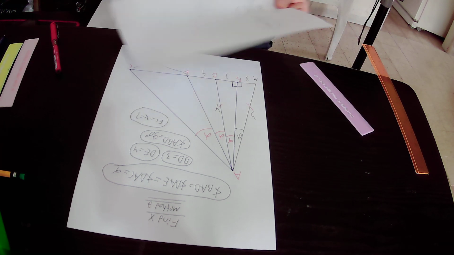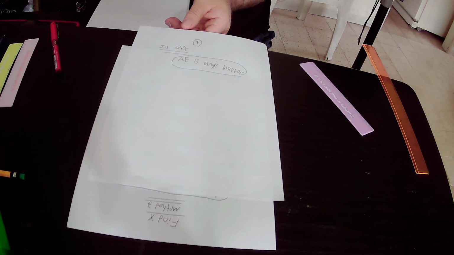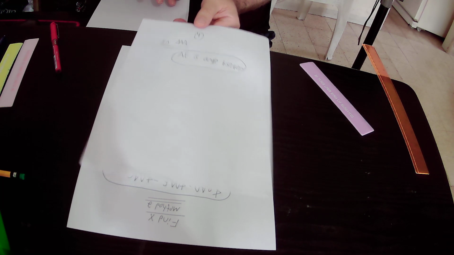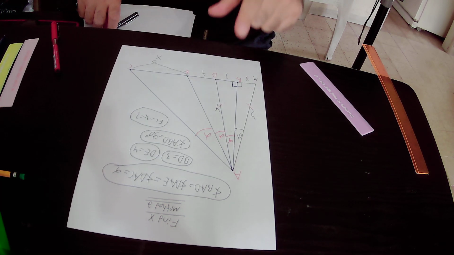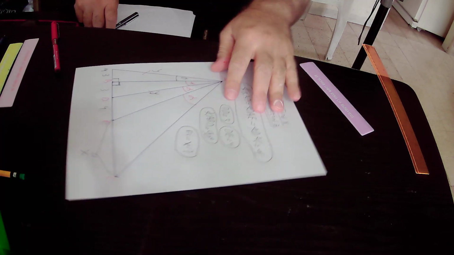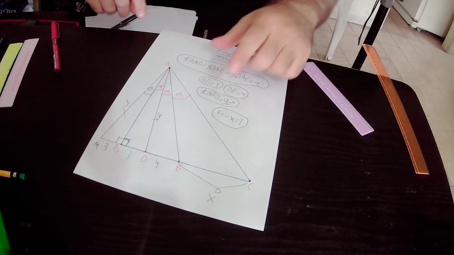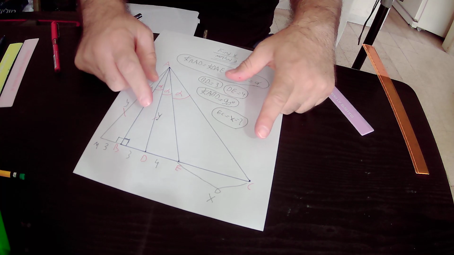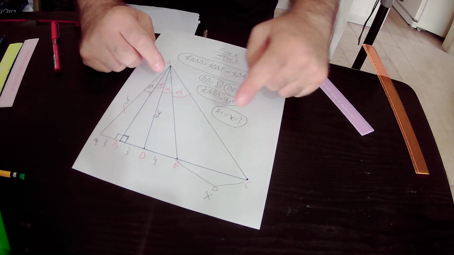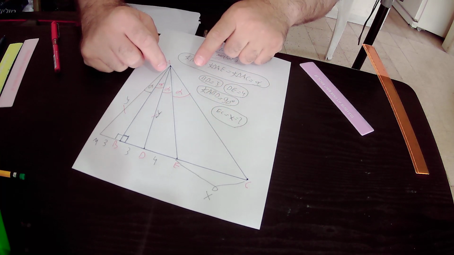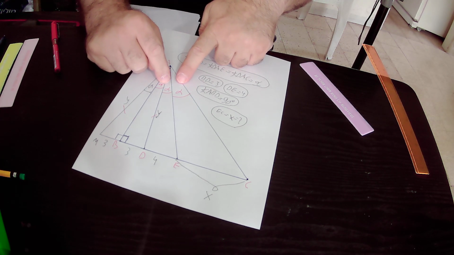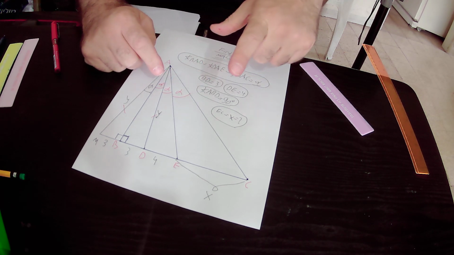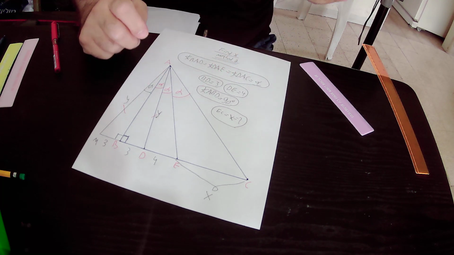So why is AE angle bisector on triangle ADC? Because AE divides angle DAC into two equal parts, alpha and alpha. Therefore, AE is angle bisector on triangle ADC.